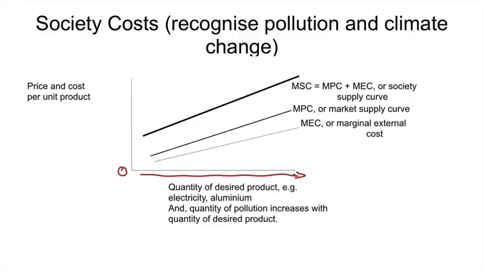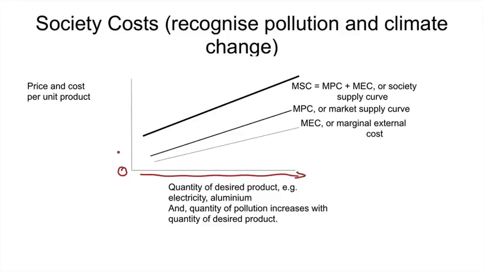So if we're not producing much electricity with coal and gas, there's not much pollution. But as we produce more electricity and consume it, yes, there's more electricity, but also there's much more pollution. And we could just make it nice and simple and say there is a nice linear relationship between the good product, we like electricity, and the bad product, the greenhouse gas pollution.